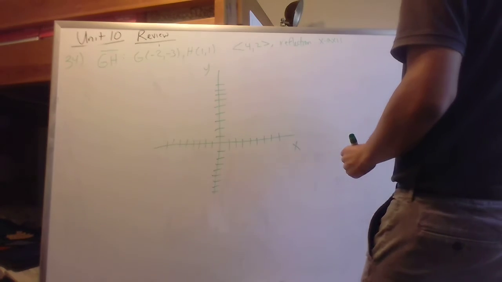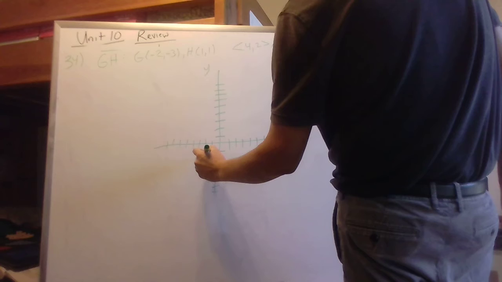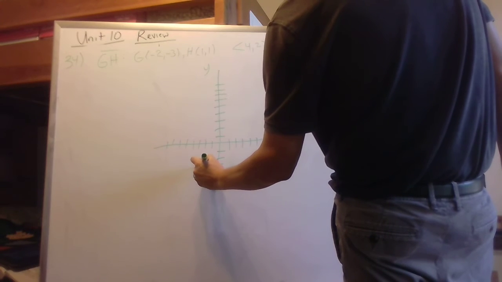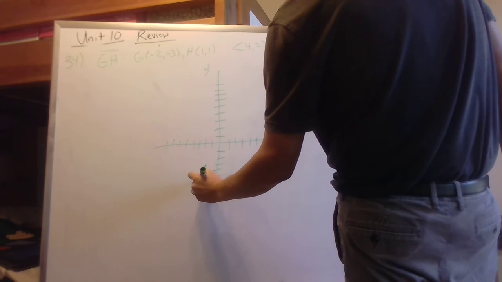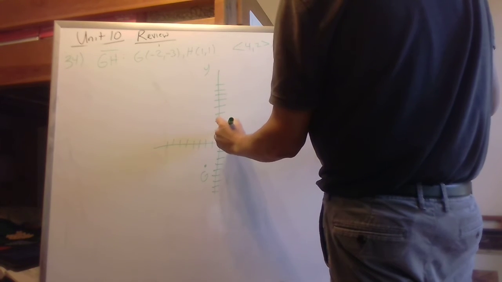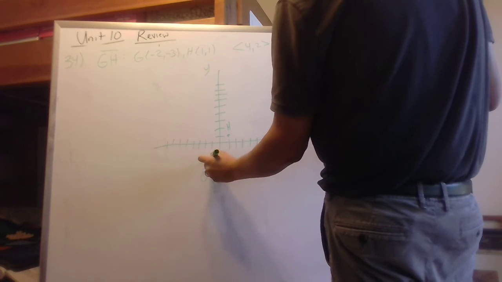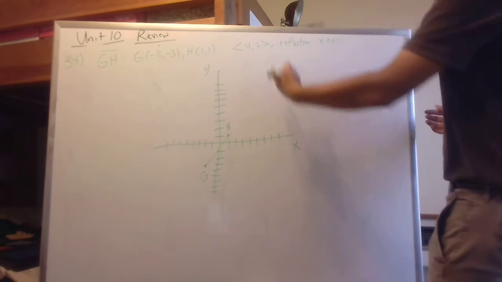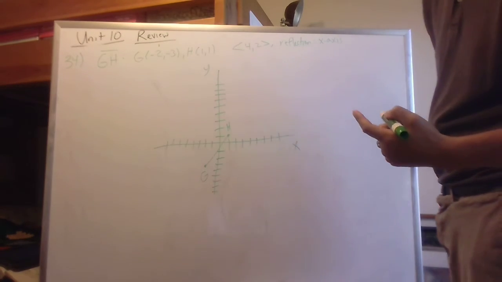All right, and we have G is at negative 2, negative 3. All right. And H is at 1, 1. The first thing we want to do is we're translating it 4 and 2.